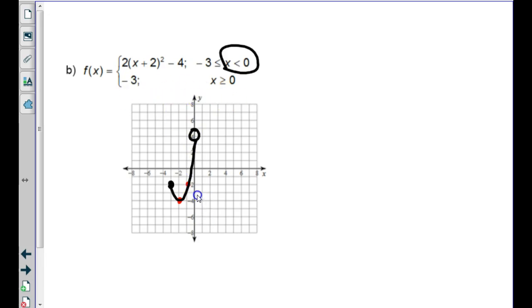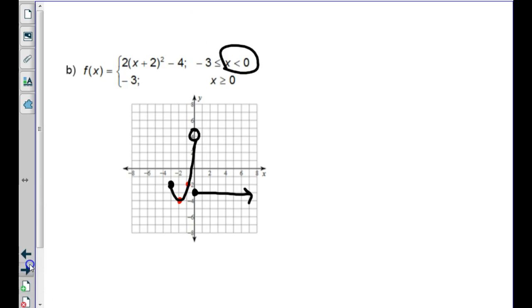At y equals negative 3 down here, starting with a solid circle at 0 and just going to the right. How do I know it's going to the right? Yeah, all values greater than 0. So that one is discontinuous at 0. Questions?